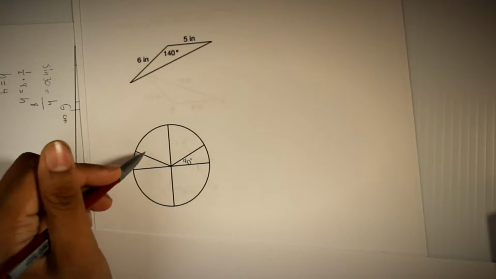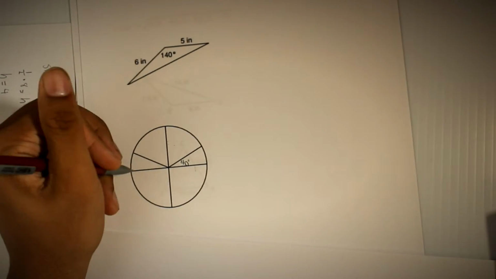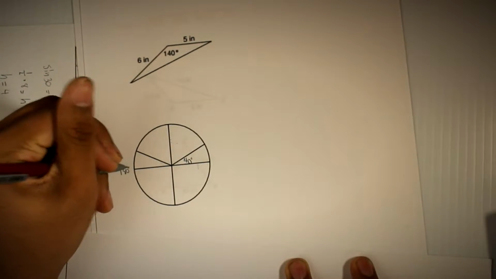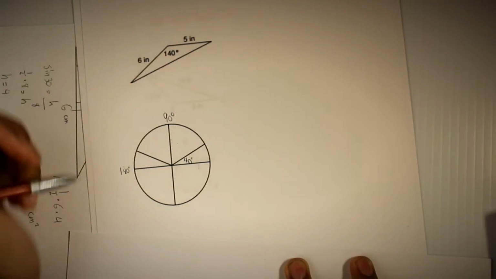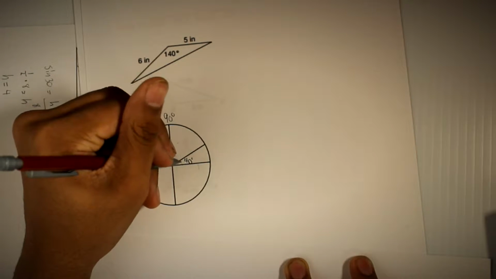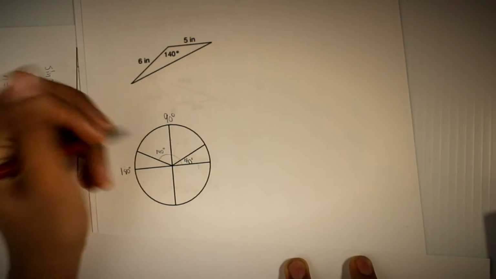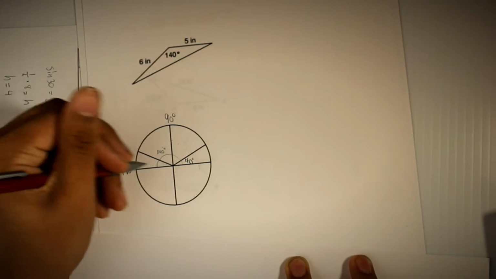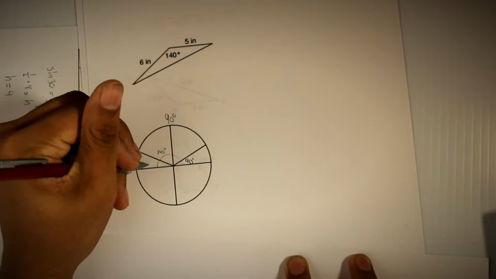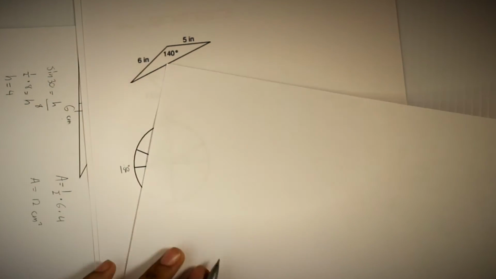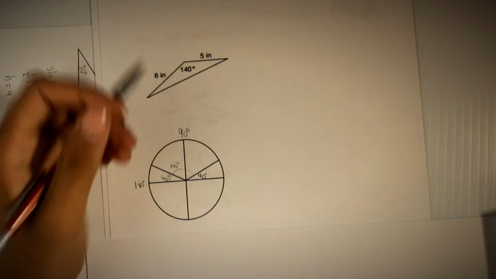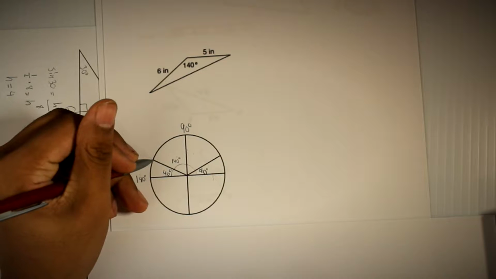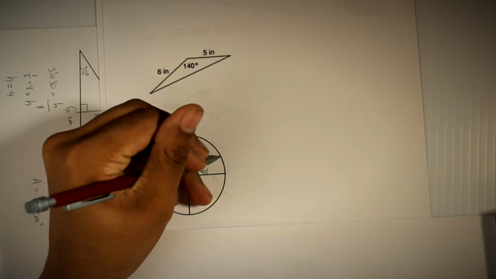Then you add another 50 to get to 140, and this is 180 degrees. 180 minus 140 is 40 degrees. So the sine is going to be exactly the same right here.